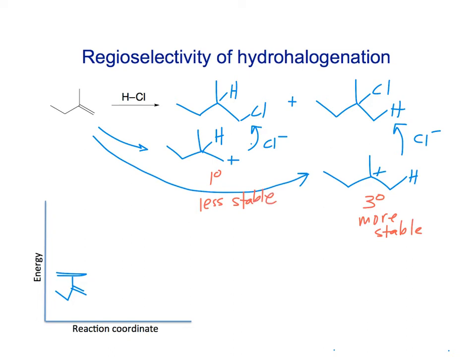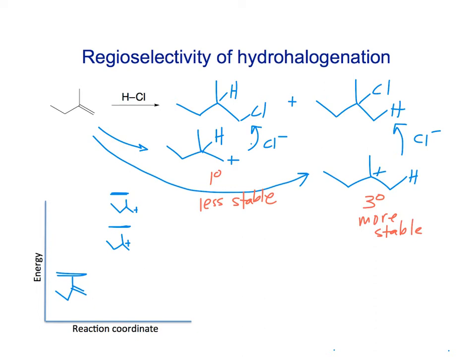Okay, so let's draw these onto our reaction energy diagram then. We would have some point here, which could be our tertiary carbocation, like this. And somewhere up above it, we would have our primary carbocation, like this.